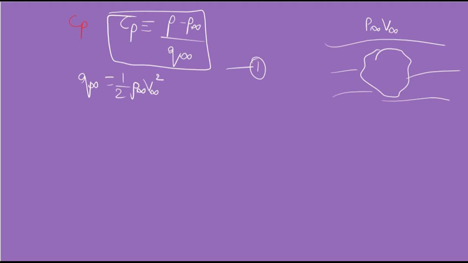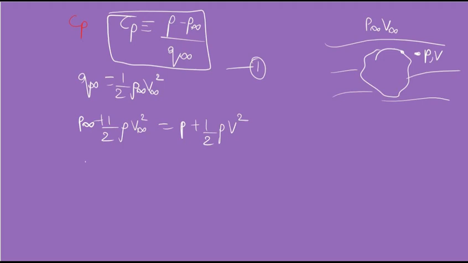All right. So let us choose any arbitrary point in the flow, maybe this point over here, where the pressure and velocity are P and V respectively. Using Bernoulli's equation on this flow, I can write P infinity plus half rho V infinity square is equal to P plus half rho V square.